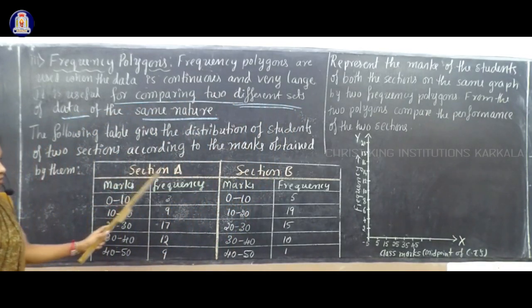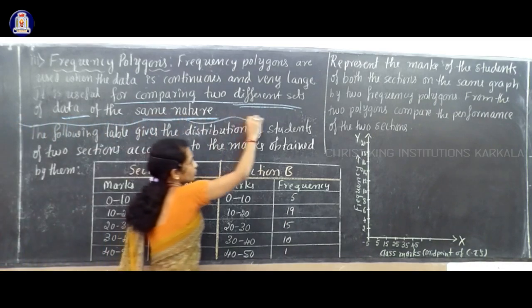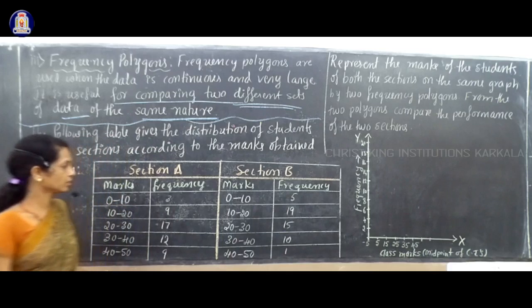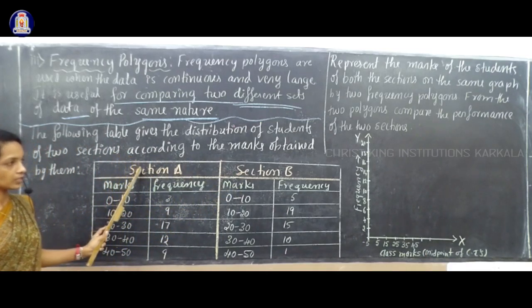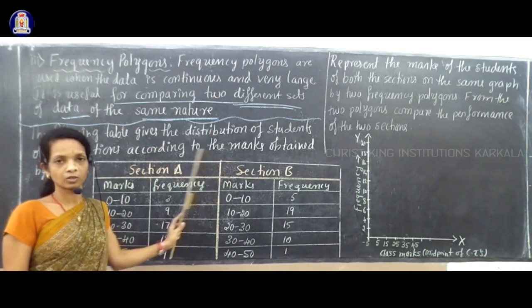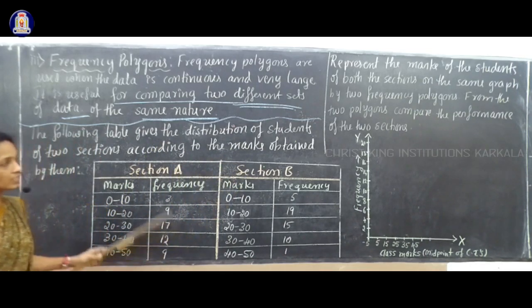See here, this is one problem under frequency polygons. In this problem you can see there are two sets of data of the same nature, section A and section B. Two different sets of data, but they are of the same type.